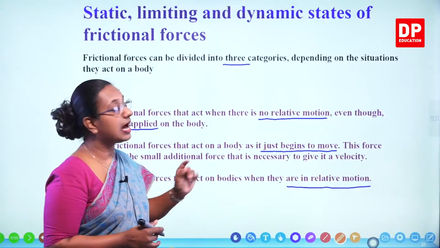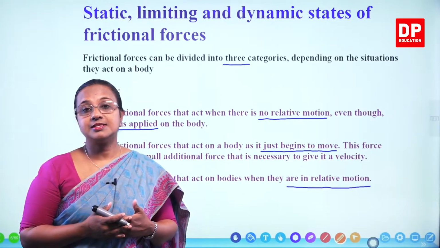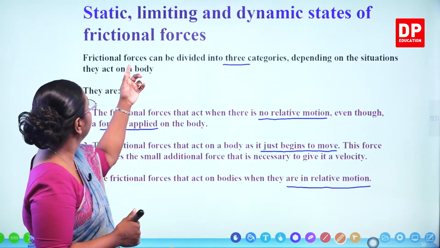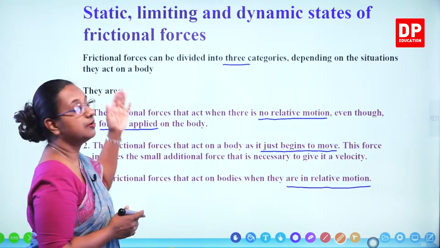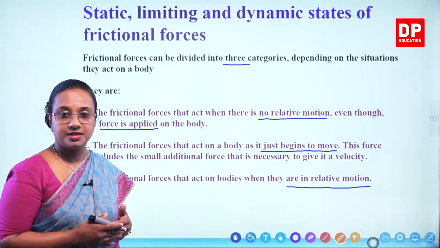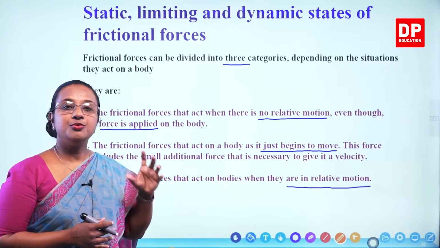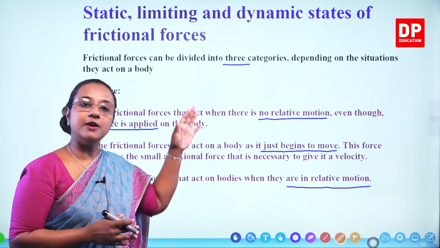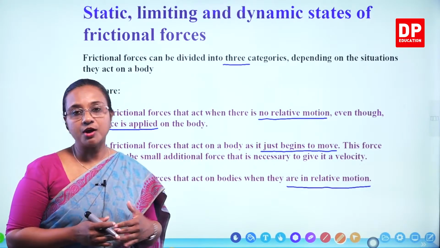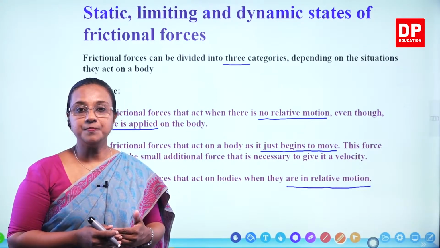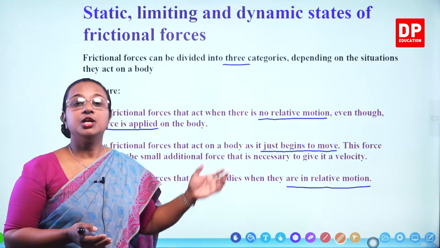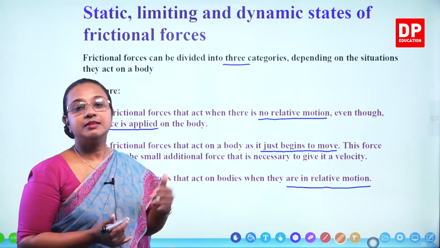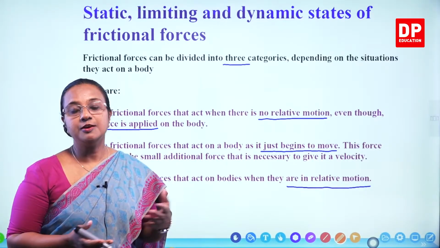So, these are the three instances in which frictional force acts, or the three states of frictional forces. I am sure you would have got a good understanding of what these three types of frictional forces are. Now, let us discuss an activity to demonstrate the three types of frictional forces.